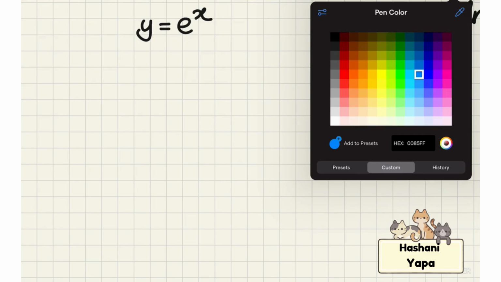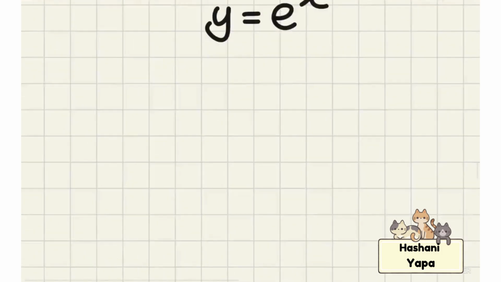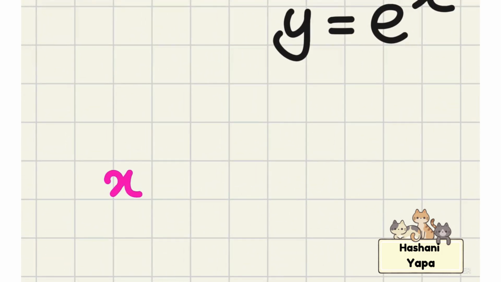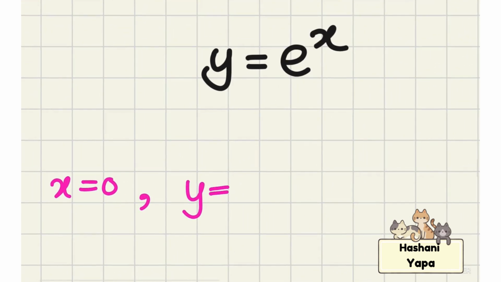Let's find what it is when x equals 0. So when x equals 0, we have y equals e to the power 0, which is equal to 1.